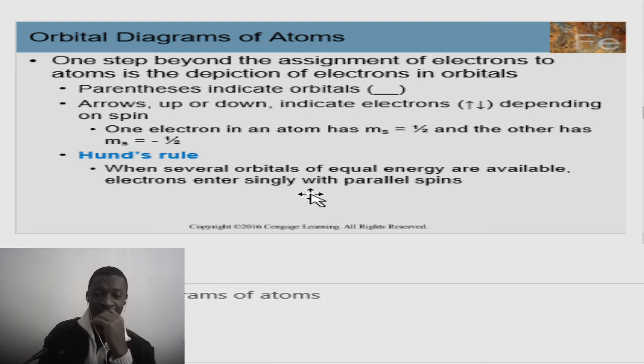So look here, the orbital diagrams of atoms, and how we write these diagrams is by using boxes. In the boxes, we have arrows pointing up and down, which indicate the spin in a positive and a negative direction.